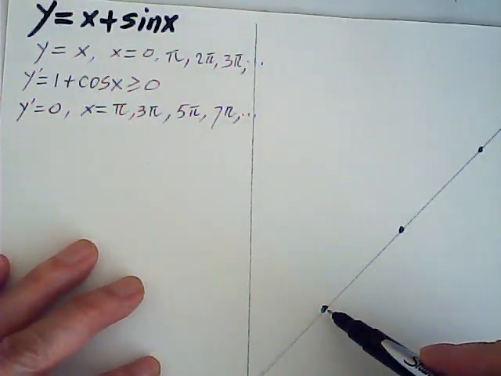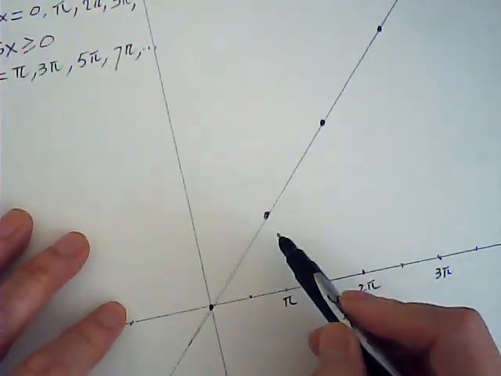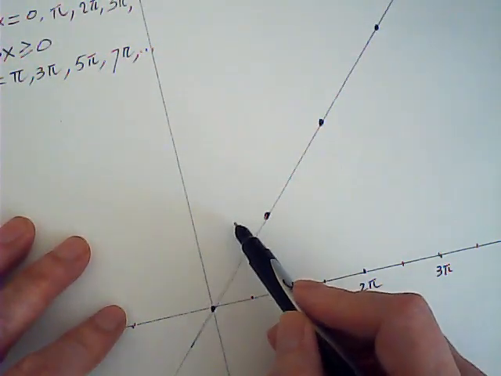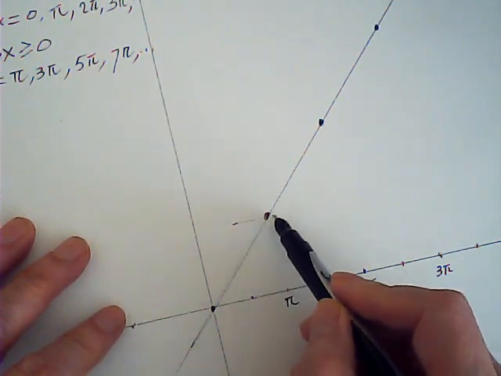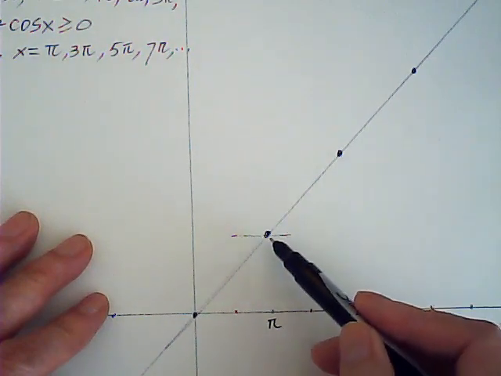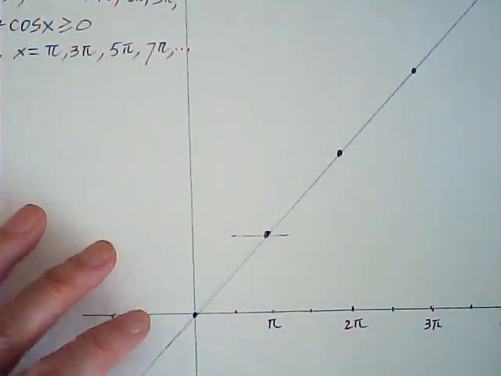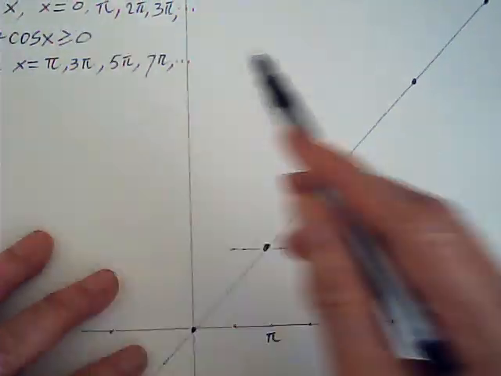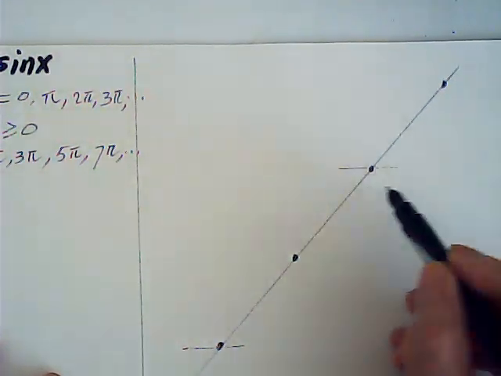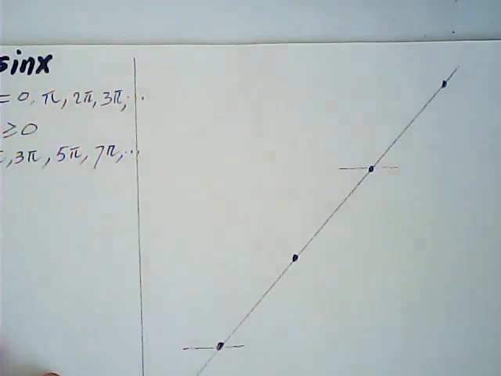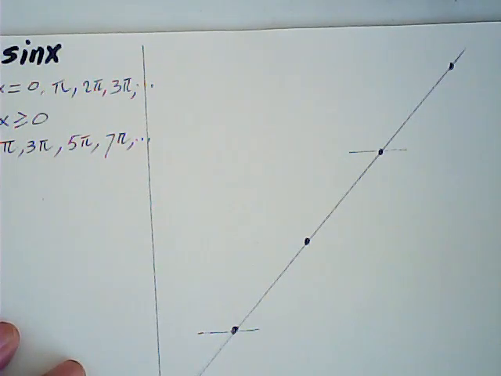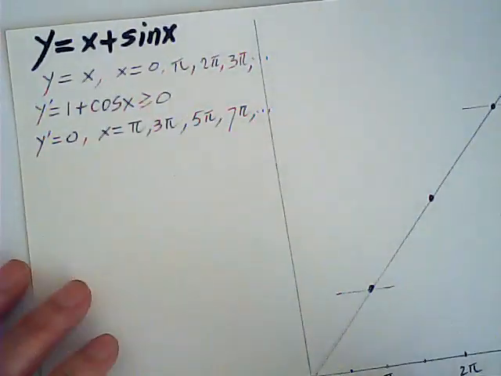Therefore, at these points, the slope of the tangent is 0. The curve is tangent to the horizontal line at pi, 3 pi, 5 pi, and so on.